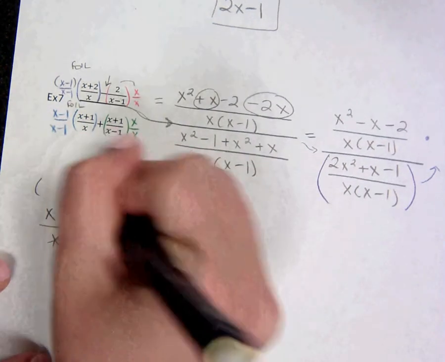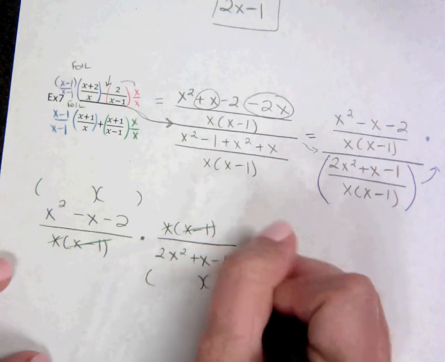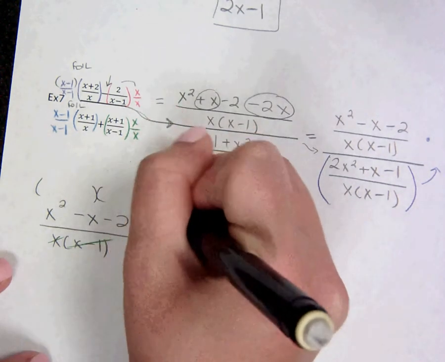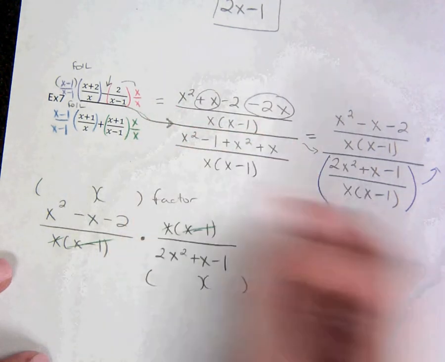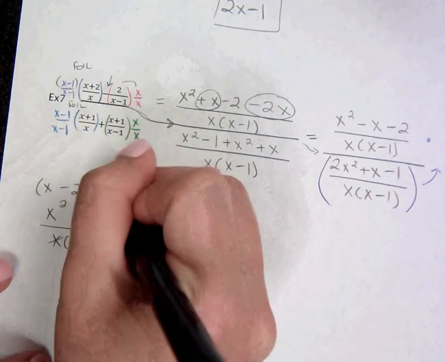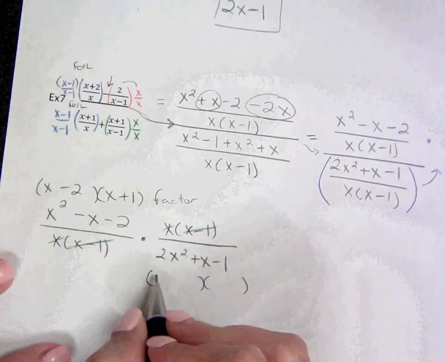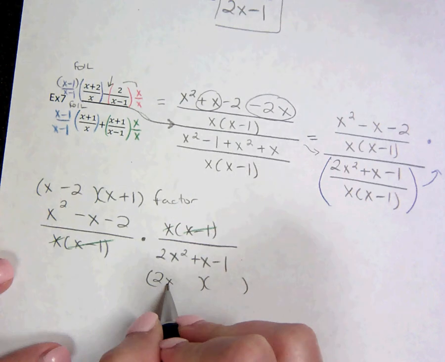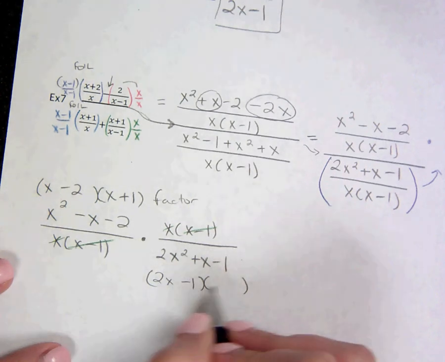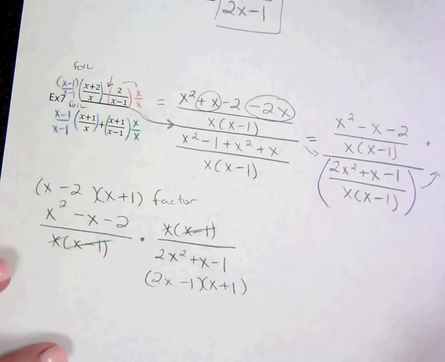Let's factor our trinomials. So always factor if you can. That's going to factor into x minus 2 and x plus 1. It's going to factor into 2x, let's see, minus 1 and x plus 1.